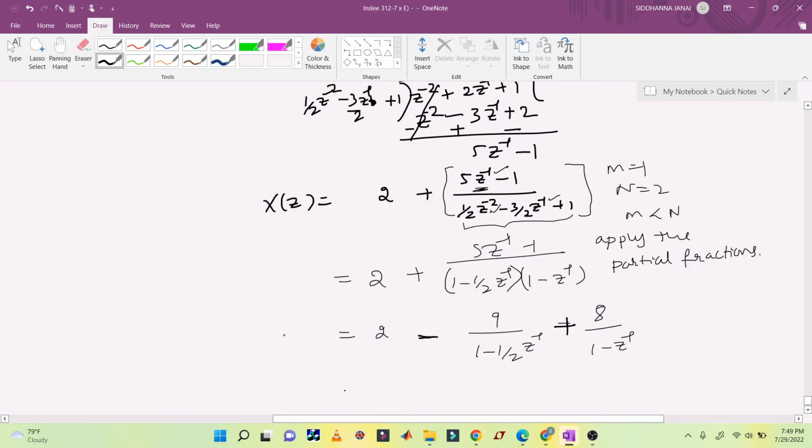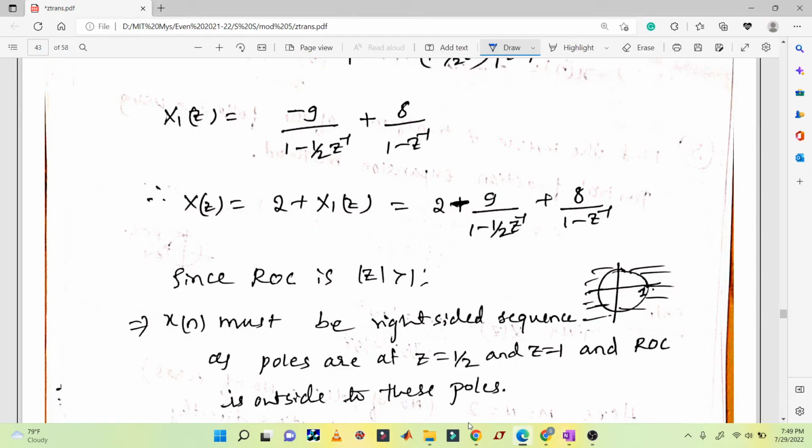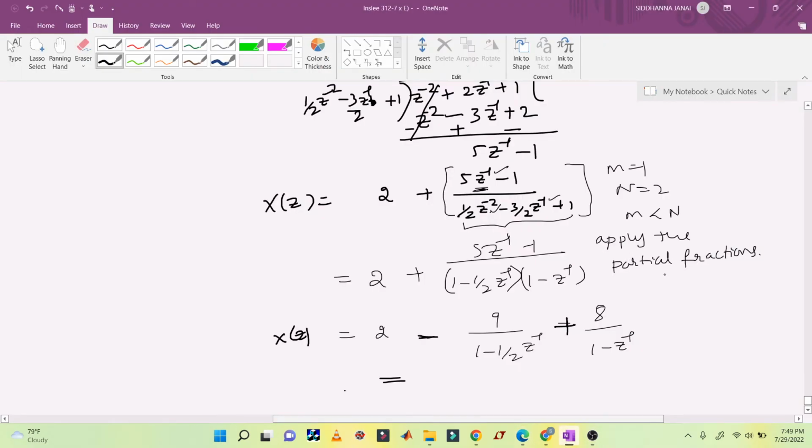Now x of z is this one. For this we need to find out x of n, that is inverse z transform, and it is given that ROC is z greater than 1. Z greater than 1 means it is a right sided sequence. This has no relation to the delta term, which is delta of n.